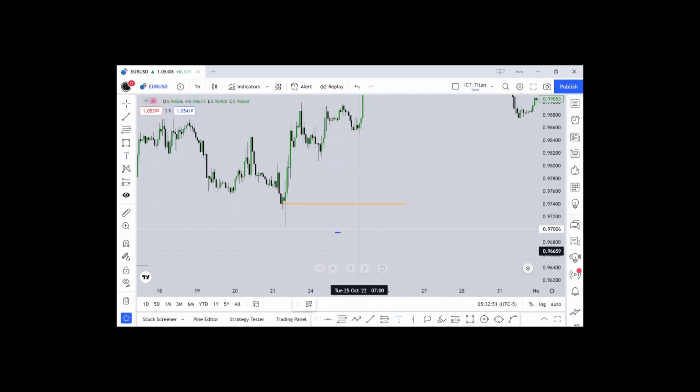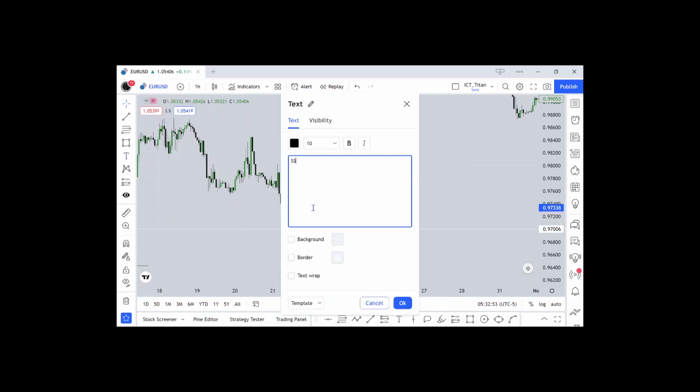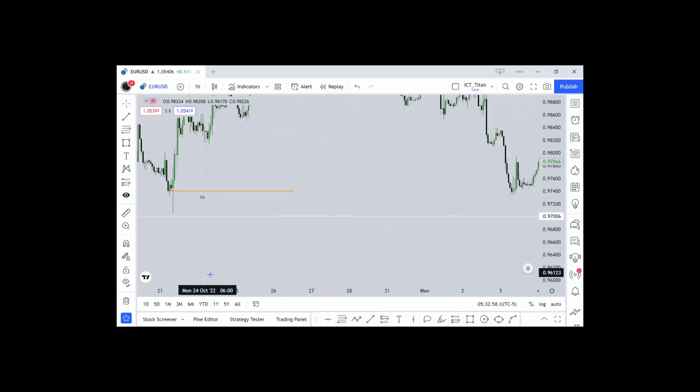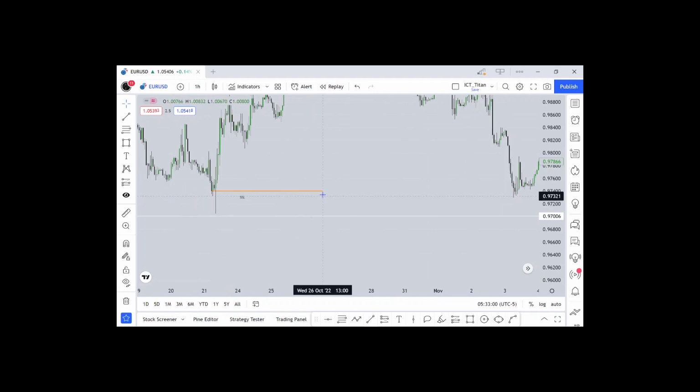So this sell side liquidity resting below that particular area.